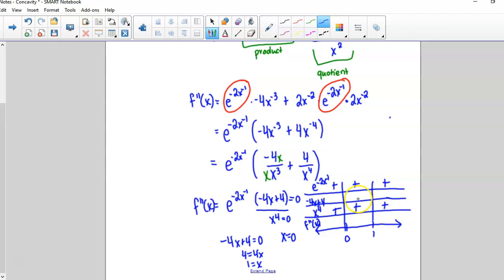So really we're just looking at this middle part. If we plug in a negative number like negative 1, we'll get positive 4 plus 4, a positive number. A number between 0 and 1, like 1/2, we'd get negative 2 plus 4, which is also positive. And any number bigger than 1, like 2, we would get a negative value there.